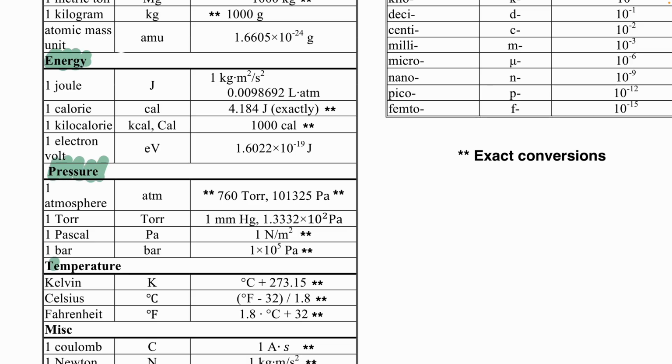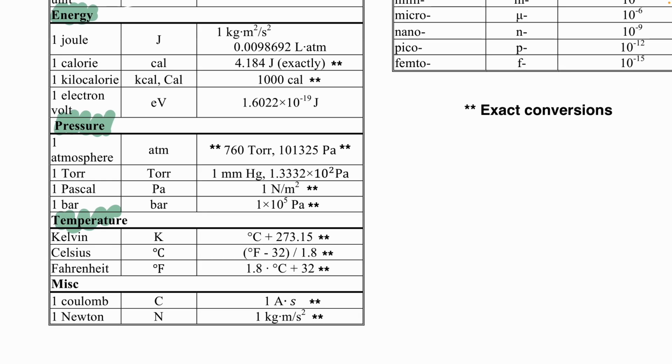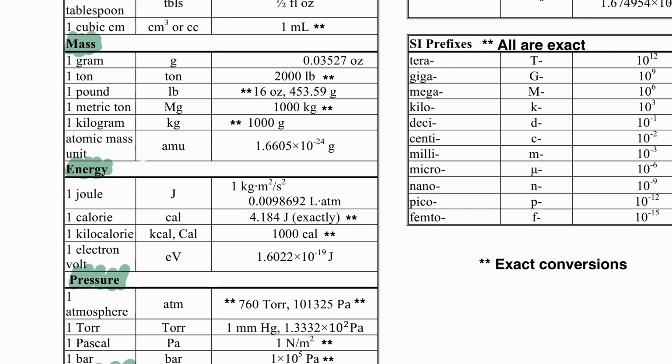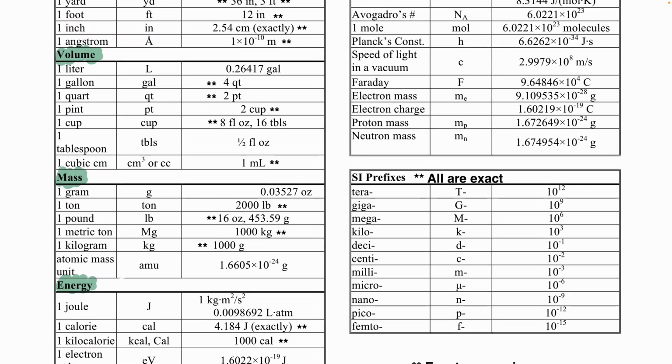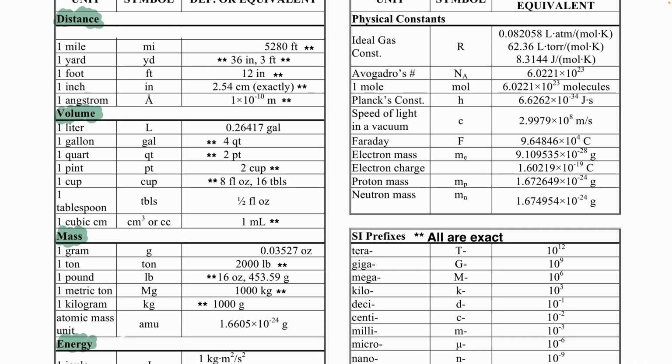We talked a little bit about temperature, and then here are these two miscellaneous ones. Coulombs are used to measure electricity, and newtons are used to measure force. If we needed to convert, look, we could convert between leprechauns and triangles if it was on this table here, all right? So even if we've never heard of these units before, we're looking for the entry that relates them, and we can convert from one to the other, all right?